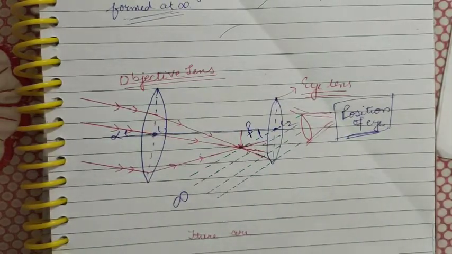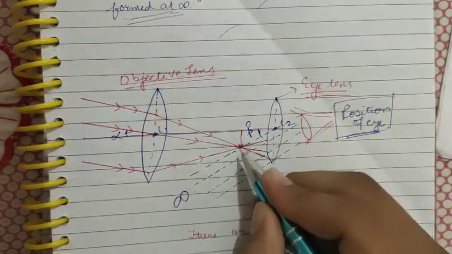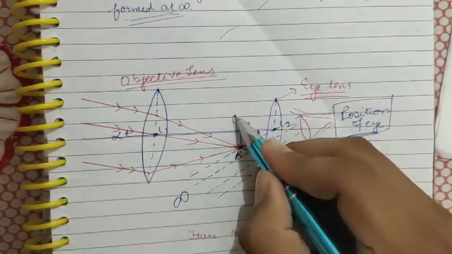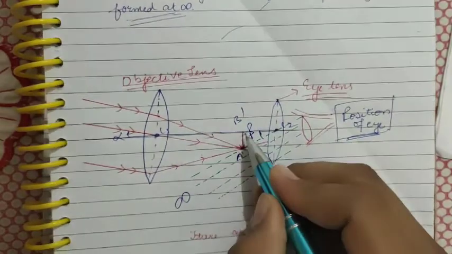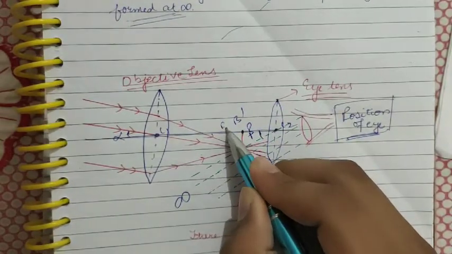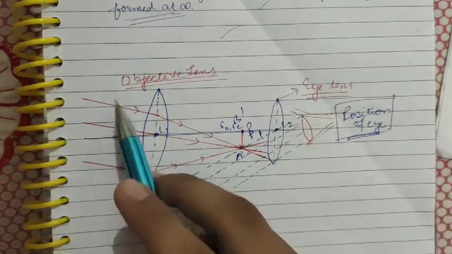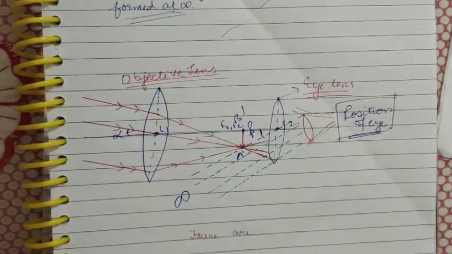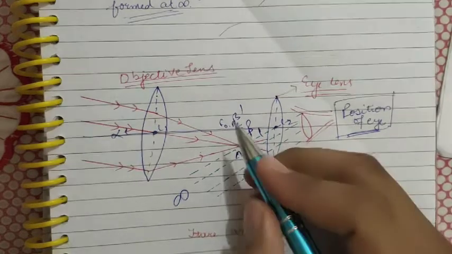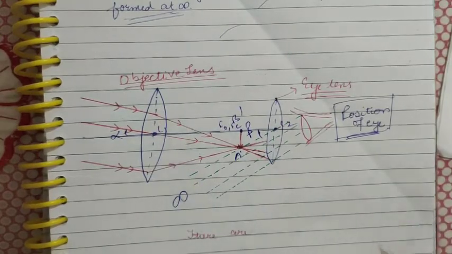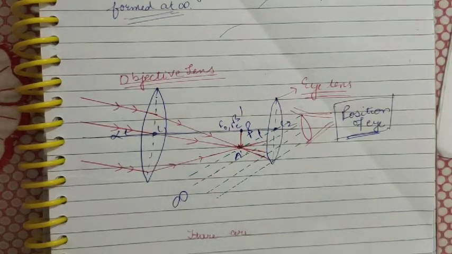Name it A dash, B dash. Here is the focal length and Fe. When a ray parallel to the principal axis converges at the focus, it is the focus of the objective lens. But when the final image is formed at infinity, the object should be placed at the focus of that lens.